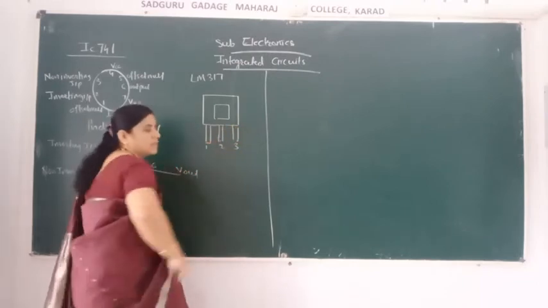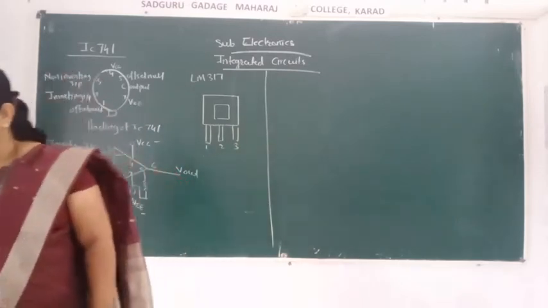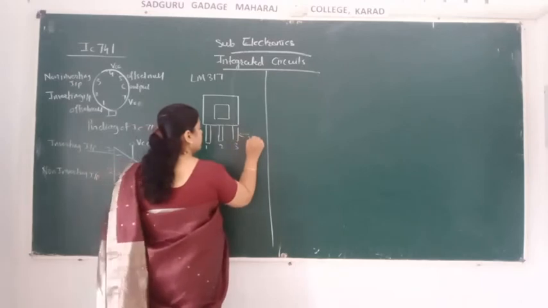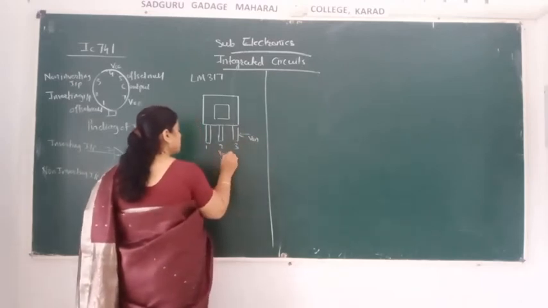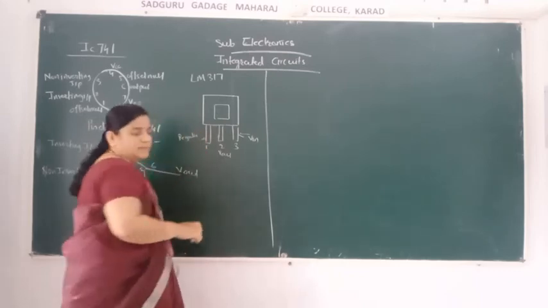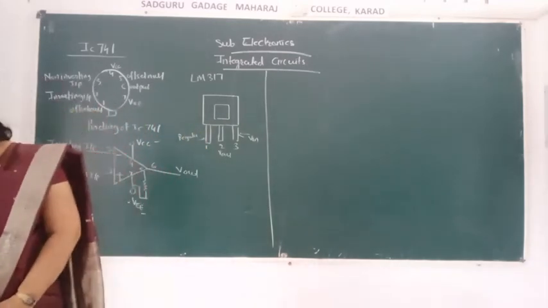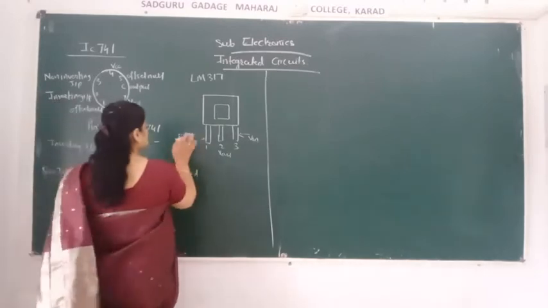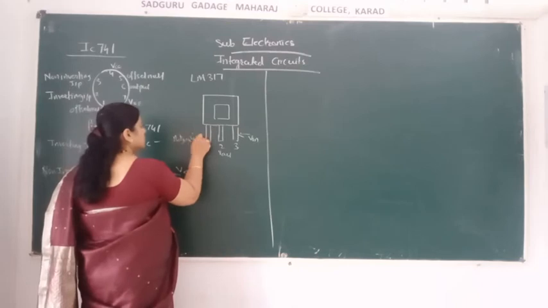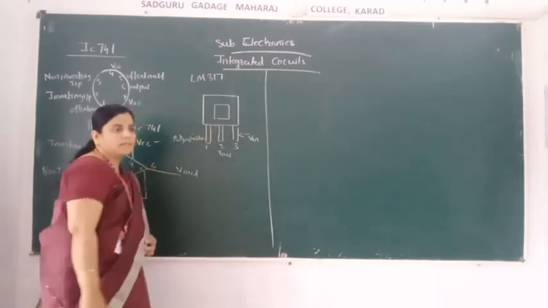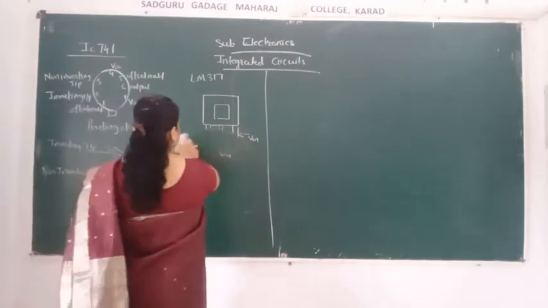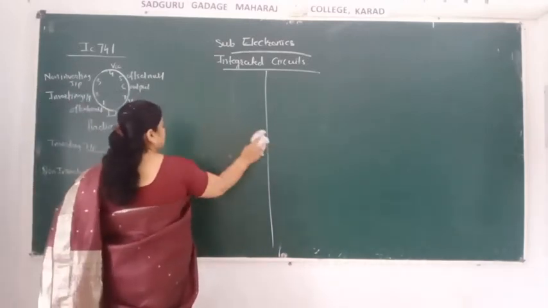One is for input voltage, other is for output, and one is for the adjustable pin, the adjustable ground. This pin LM317 also we have seen in the operational amplifier chapter. So in detail I will not take all these things.